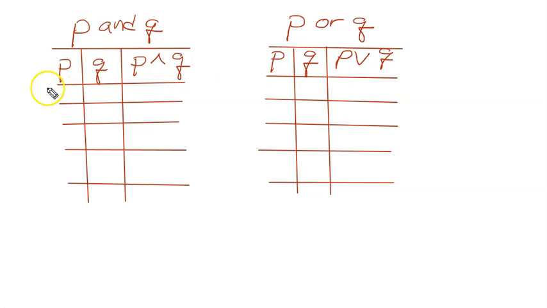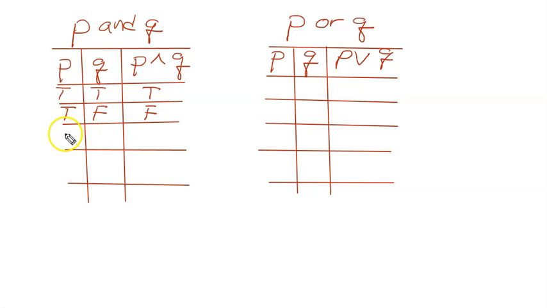Okay, so we're going to say if P is true and Q is true, then P and Q are true. Now, if P is true and Q is false, then P and Q are false.